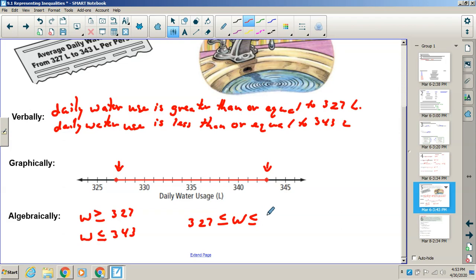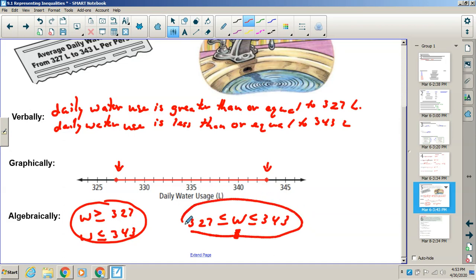Again, I always read from the variable. So here's my water use, greater than or equal to 327, less than or equal to 343. You can write this combination of inequalities as two separate ones, or we can put it all in one line and do it that way, and either is acceptable.